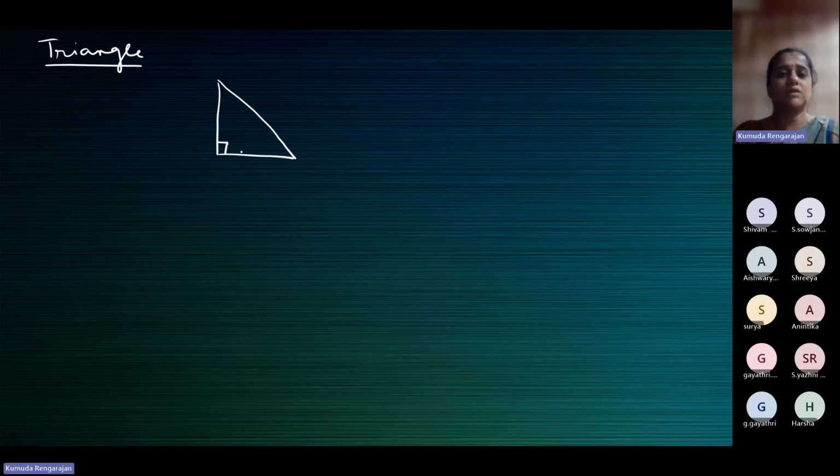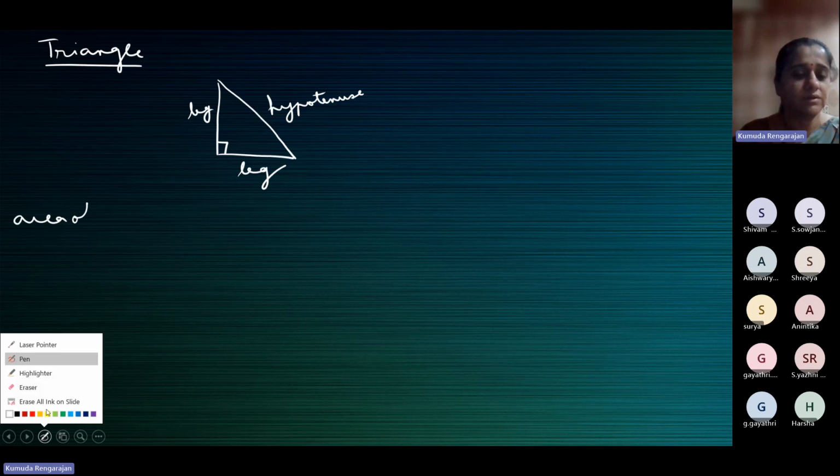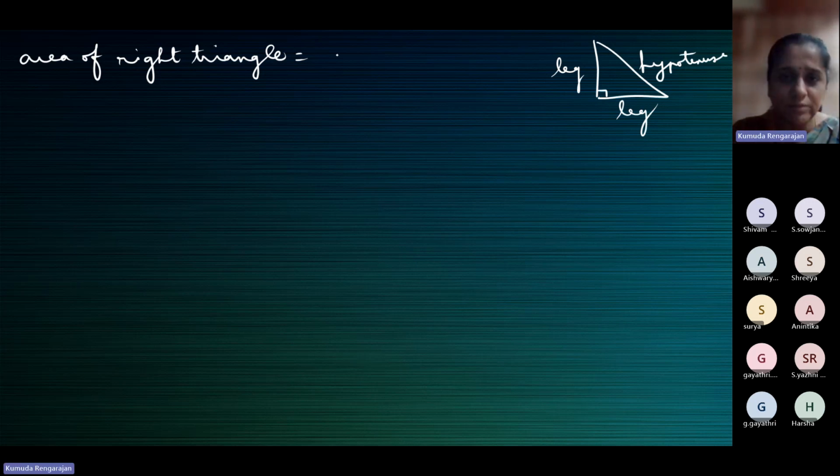How do you find the area of this right triangle? This one is called the hypotenuse. This is one leg, this is the other leg. Area of a right triangle is equal to half into base into height.